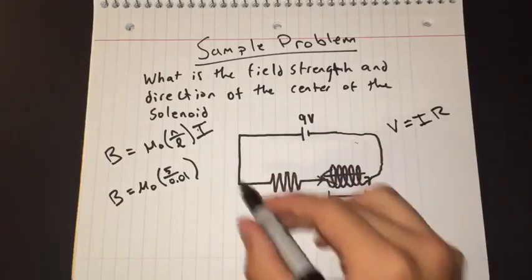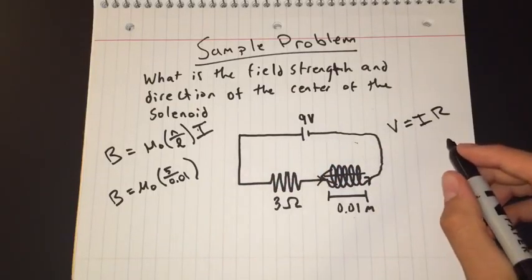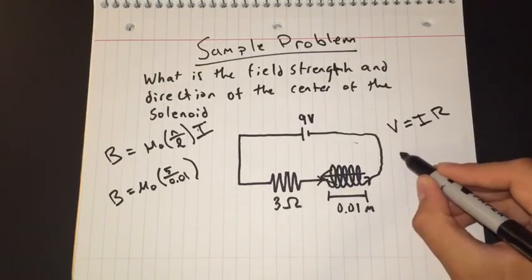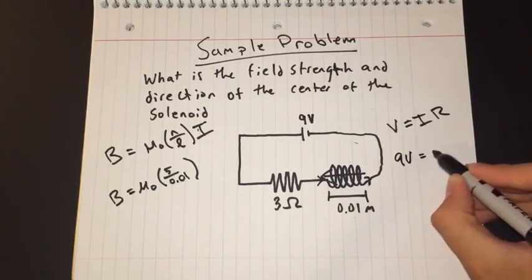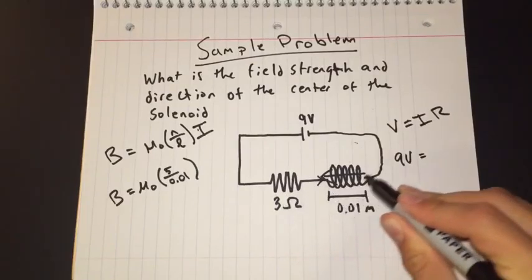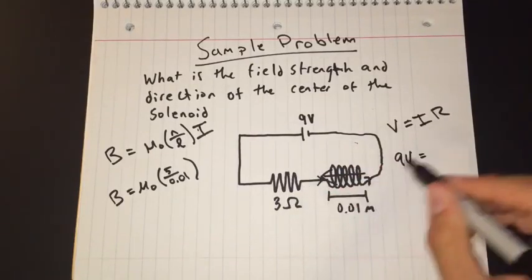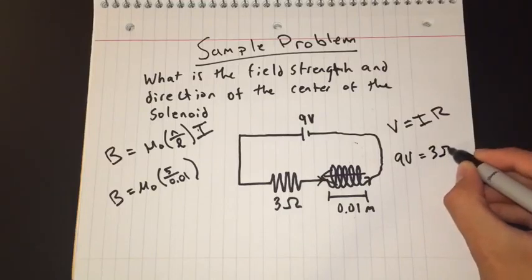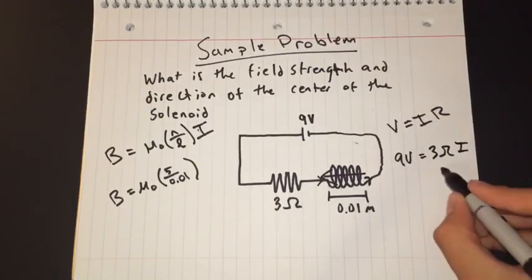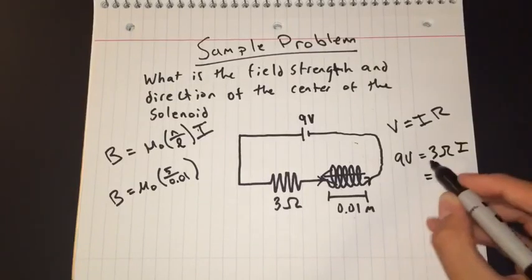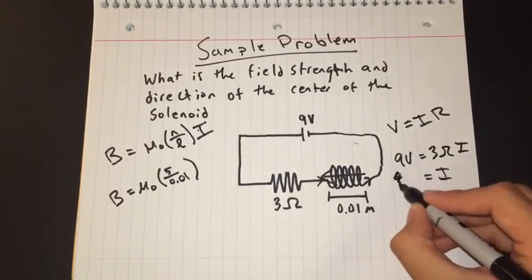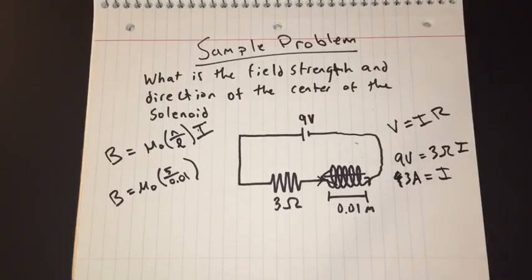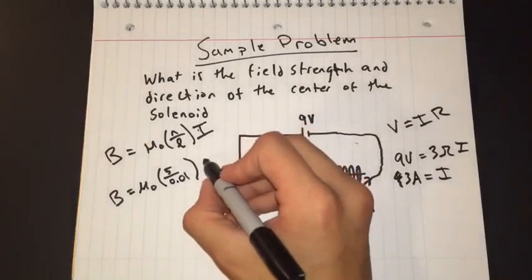So we know the voltage through the circuit is 9 volts. And we know the resistance, there's only one resistor in the circuit, so it's 3 ohms, and that leaves I. If you solve for I, you get 3 amps. And that you can plug straight into here.